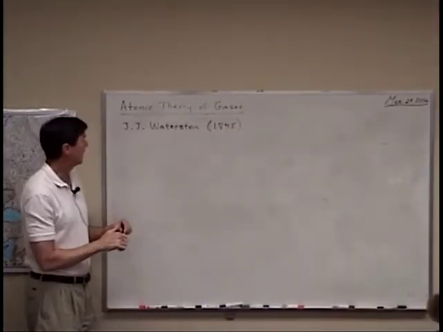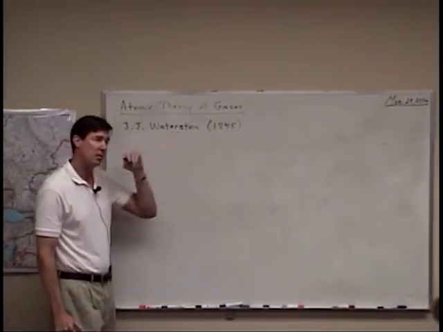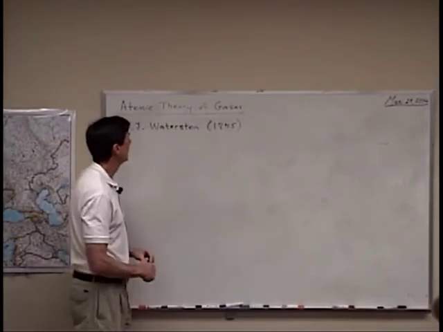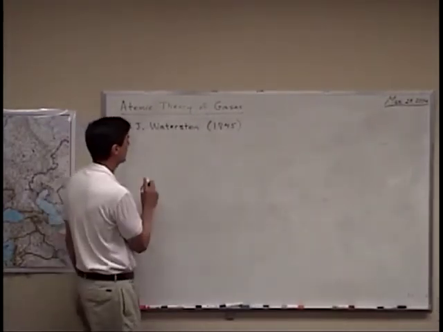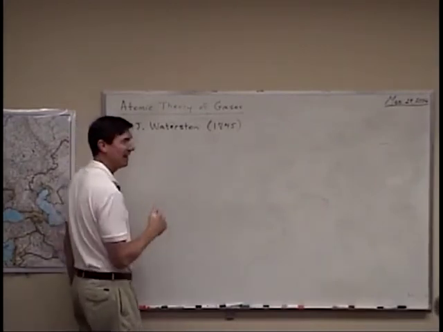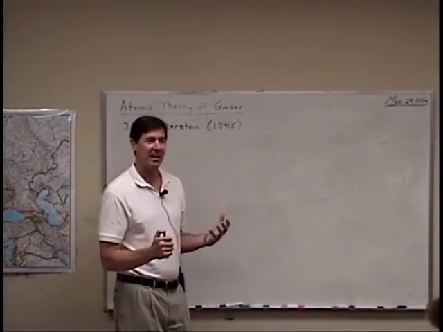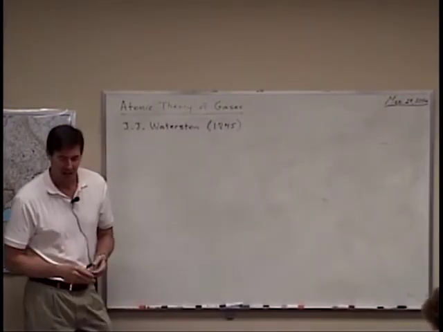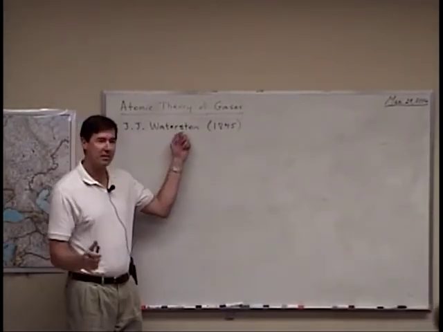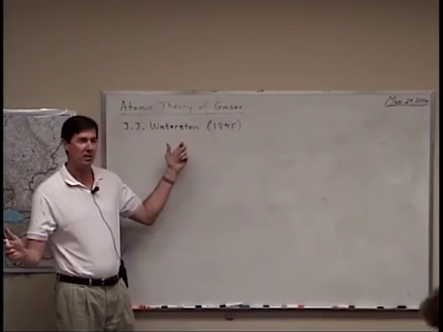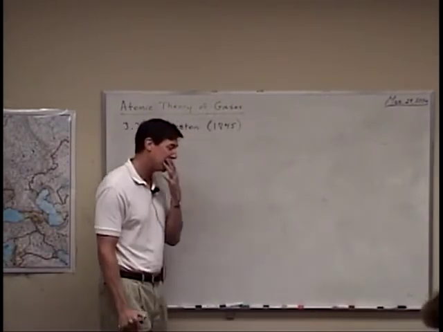Right after, in fact, he had just heard about Joule's experiment when he did this analysis. Okay, now he decided to model what was going on in a gas in a very simple way. First, he believed that matter was composed of atoms. So he's going to try to analyze gases in terms of atoms.